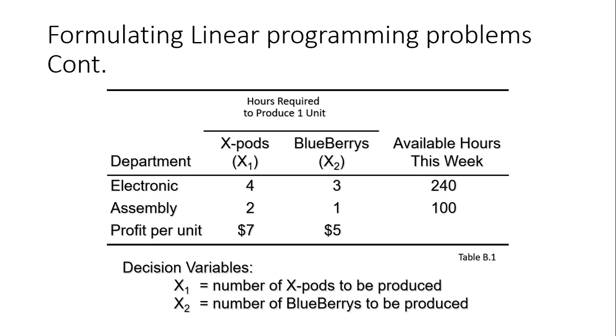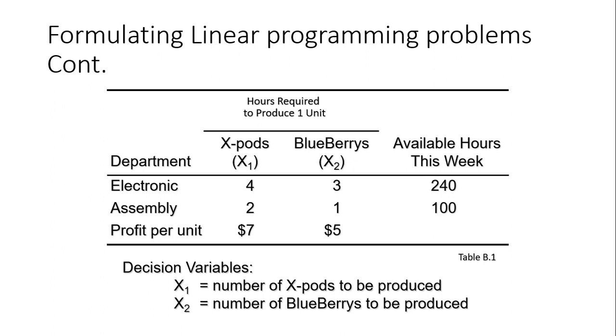You'll find $7 and $5. Those are the units used in the objective function, but 240 and 100 are the constraints.